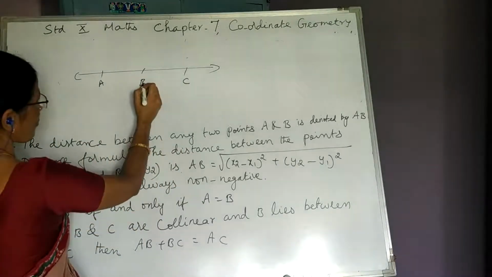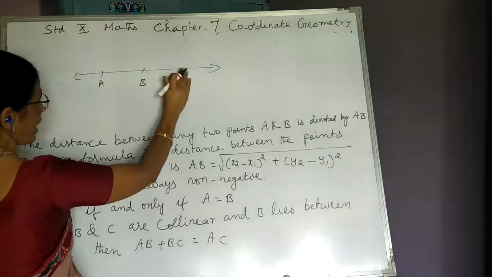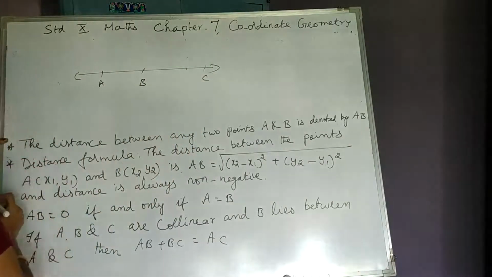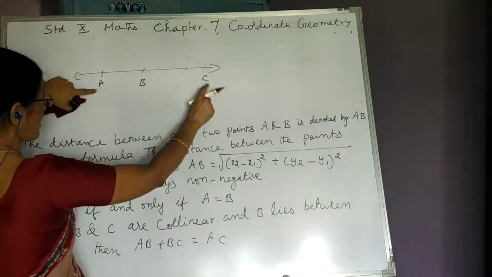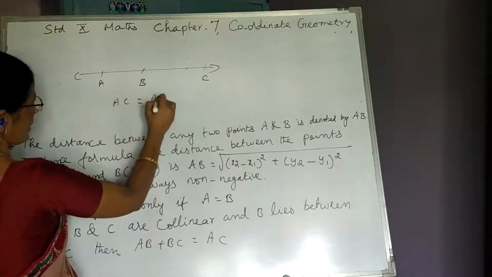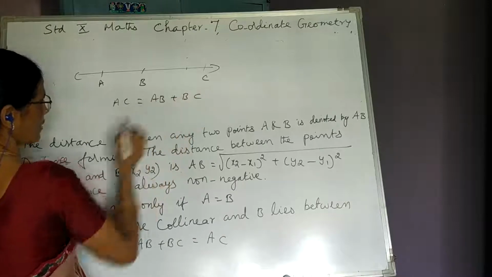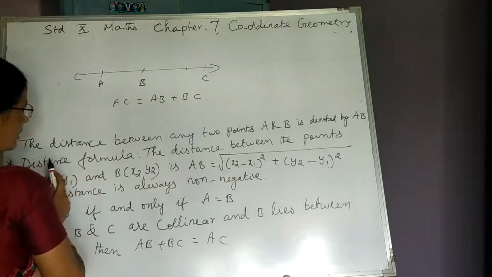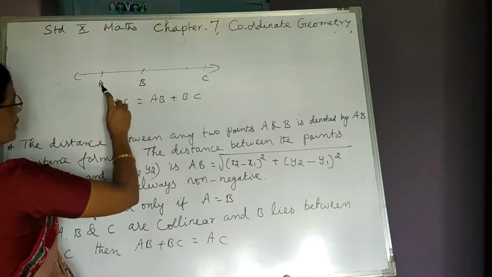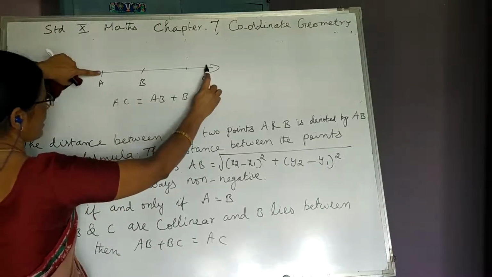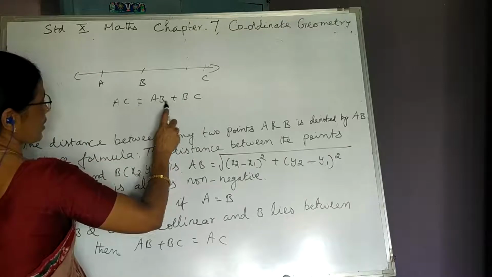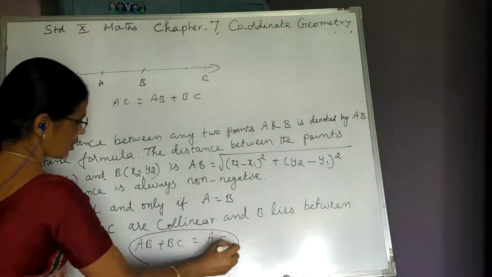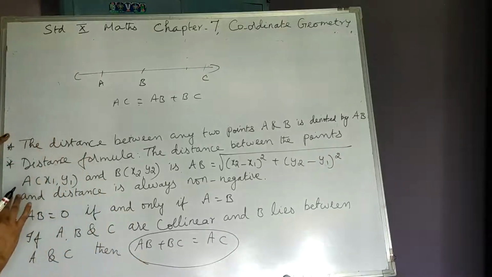And you can find B lies between A and C. Therefore, the longest distance, that is AC, can be written as AB plus BC. So, if A, B and C are collinear and if B lies between A and C, we can write AC equal to AB plus BC. So, this point we are going to use for collinear points. Should remember.